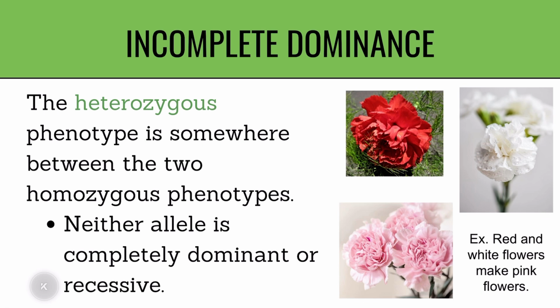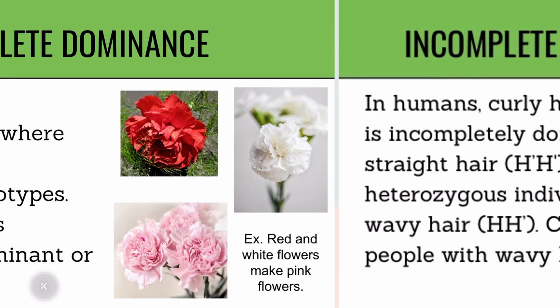Neither allele is completely dominant or recessive to the other. So for example, if I crossed a red flower with a white flower and the offspring had 1 red allele and 1 white allele, neither one of them is completely dominant over the other one. So instead it mixes or it blends. The blend of white and red would be pink.